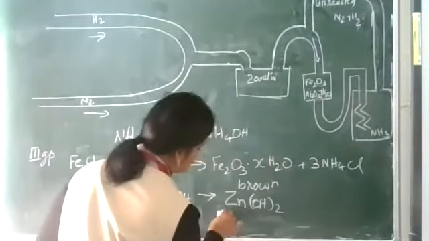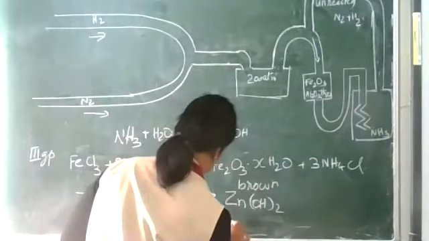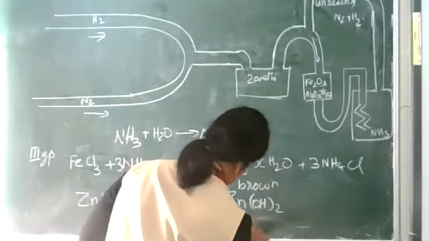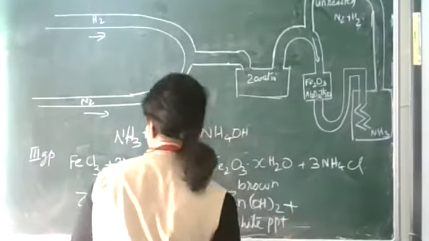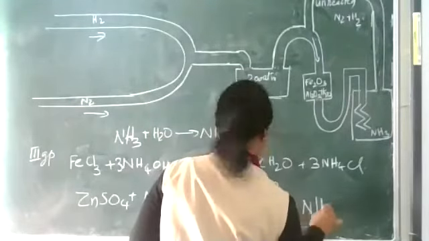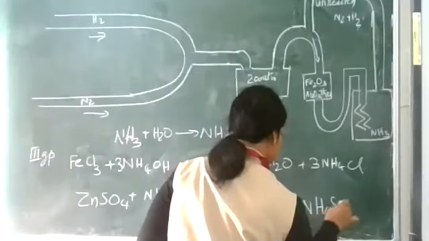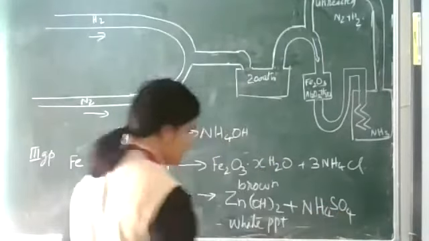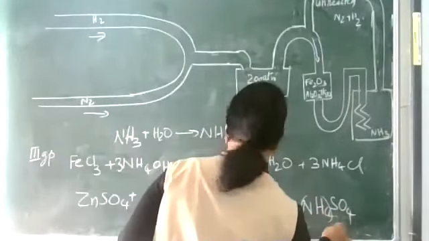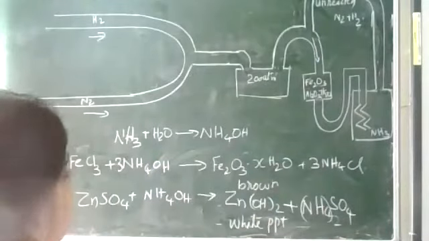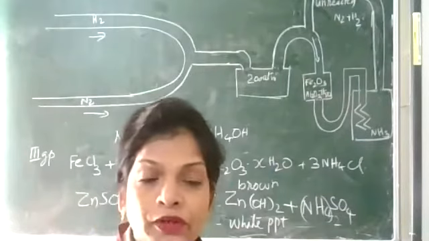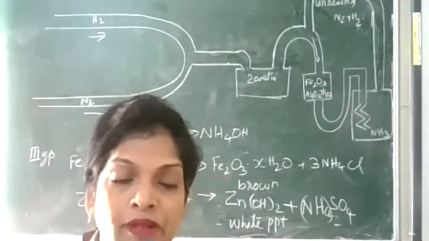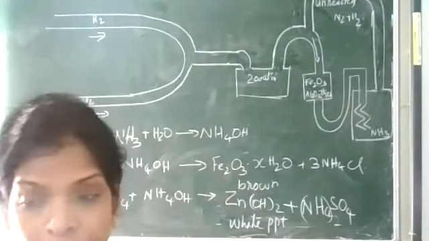It's a dirty white precipitate, plus (NH4)2SO4. So that is the property of ammonium hydroxide. For analysis, we use this ammonium hydroxide.